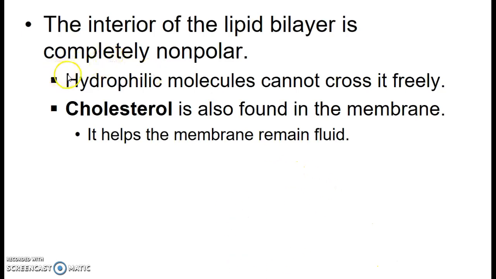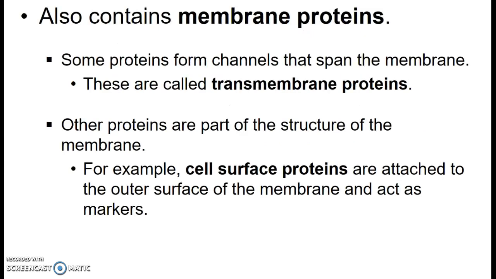And then another thing about the structure of the plasma membrane is that it has cholesterol molecules in it, which help to keep the membrane fluid, not rigid or crunchy.